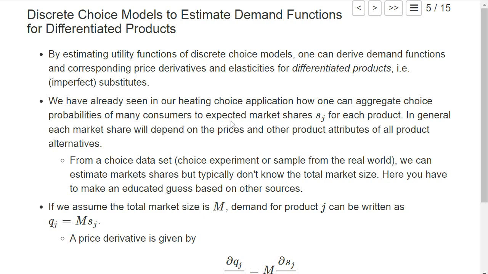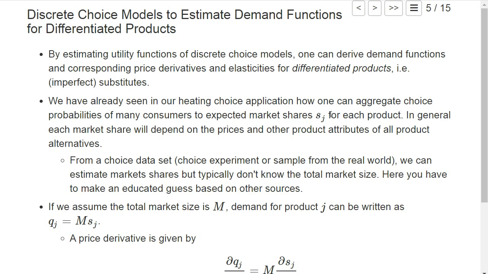We have already seen in the R-tutor problem set of chapter 3a that we can aggregate the choice probabilities of many consumers by just taking the average to compute expected market shares for each product.